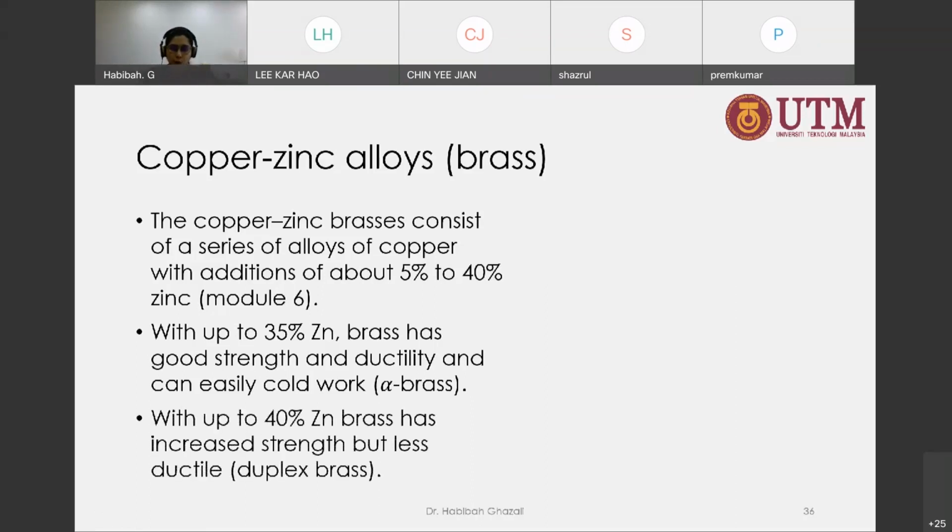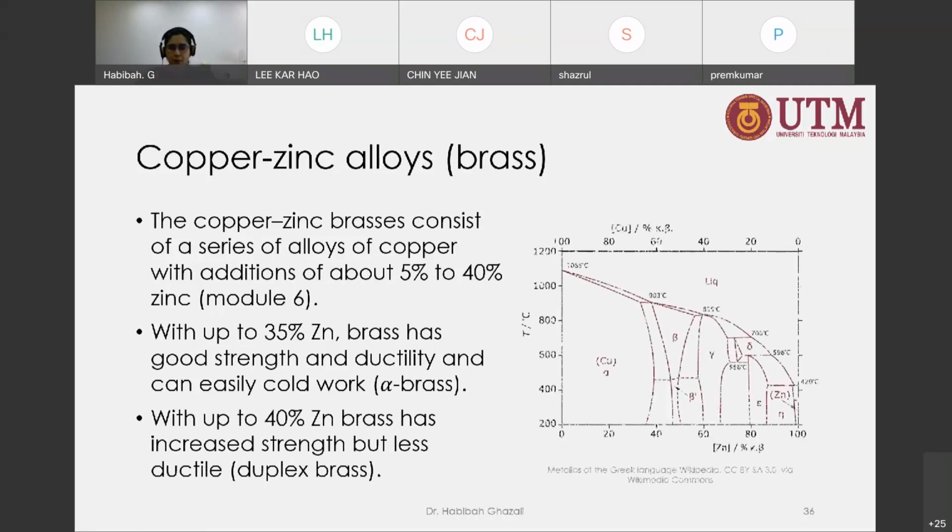But when we have more than that, up to 40%, we will have another phase that will exist in the microstructure, and this is the beta phase. So in the final microstructure, we will have both alpha and beta. So when we have 40%, for example, it is in this region.